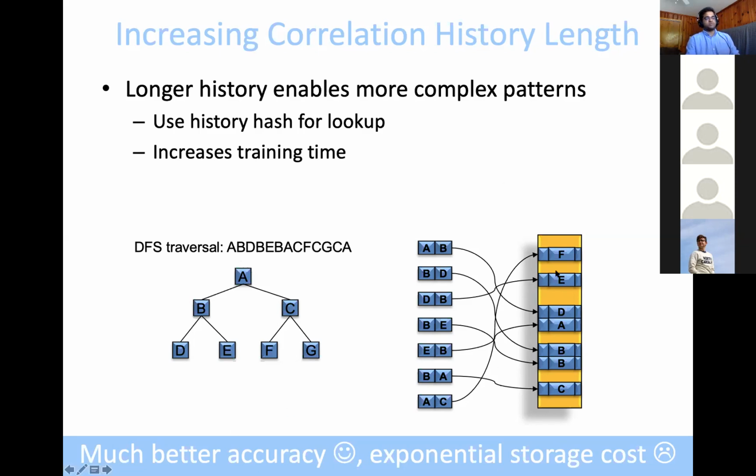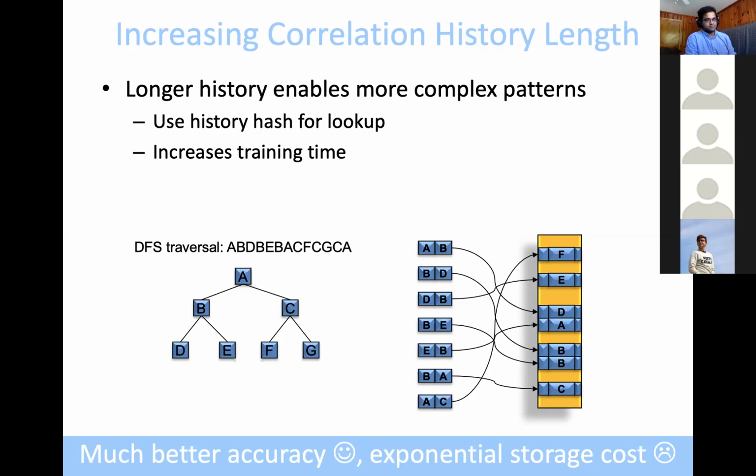Now, how does this structure do in terms of storage? I know it says exponential storage cost, but can you understand why it's exponential storage cost? Yes, because there's more possible combinations of things that could be done.